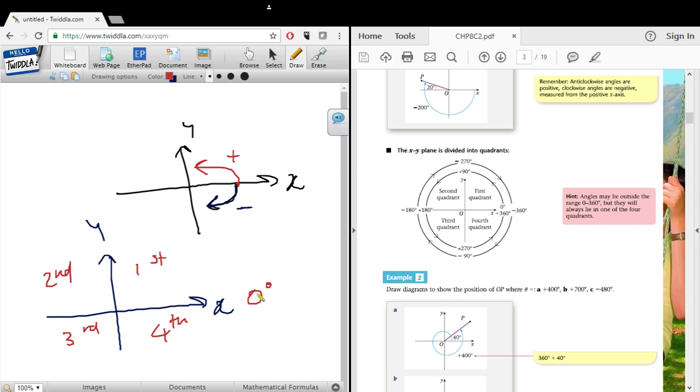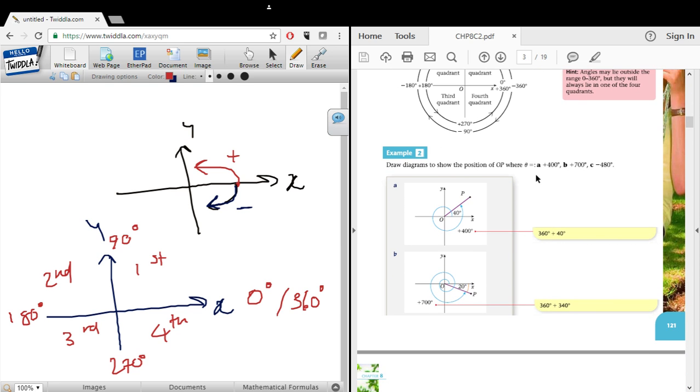This represents 0 degrees, this represents 90 degrees, this represents 180 degrees, this represents 270 degrees, and once you come back from a full circle, obviously it will represent 360 degrees. Now, if you go the other way around, then you have minus 90, minus 180, minus 270. The way you can think about this is the opposing neutrality, the opposite. So you can see a positive here, negative here, positive, negative.